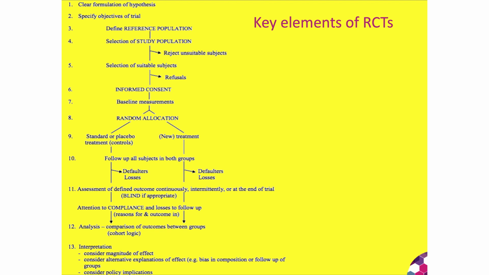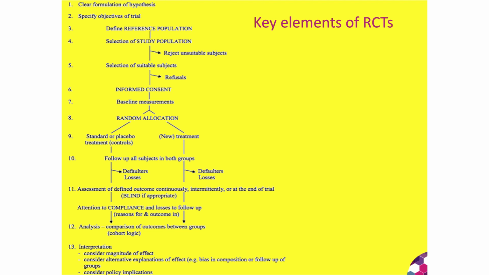Then we would take informed consent. We would take some key baseline measurements before we undertake the intervention, and then they are randomly allocated to the control group or the standard group or the placebo group, and they are also randomly allocated to the treatment group or the intervention group.